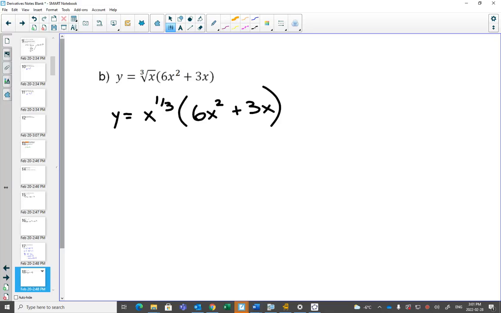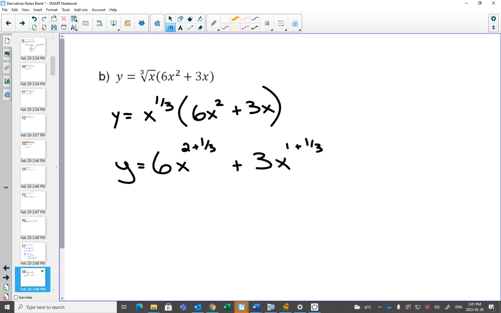I could distribute, but now we have to go back to our grade 9 exponent laws. What happens when I do x to the 3rd times x squared? What's the rule for multiplying powers with the same base? You have to add the exponents. So in your notes, so that you don't forget this, I'll write 2 plus 1/3, and I'll write plus 3, 1 plus 1/3, because I would add the exponents.